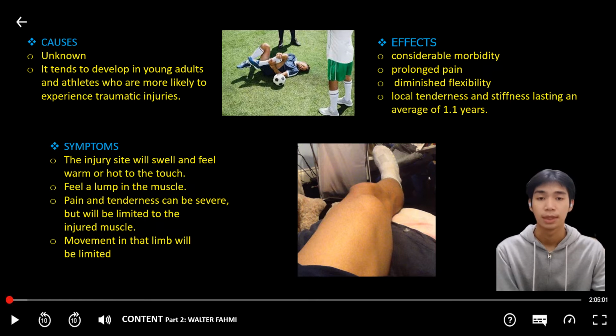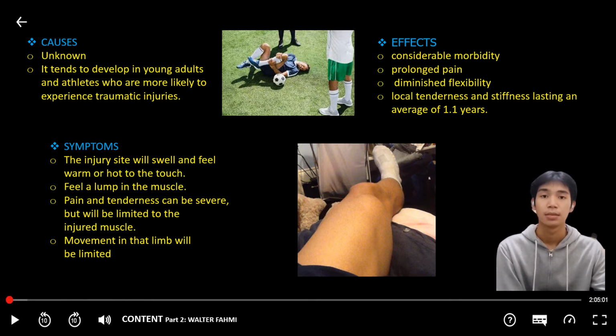Well, in most cases, it will be an unknown syndrome, but it tends to develop in young adults and athletes who are more likely to experience traumatic injuries. Traumatic injuries is a term which refers to physical injuries of sudden onset which require immediate medical attention.